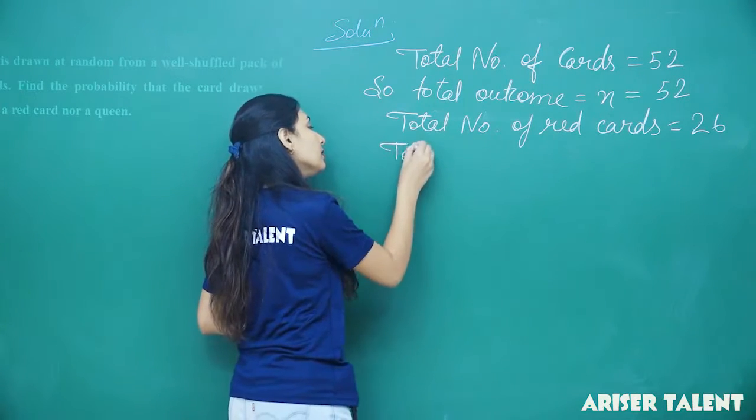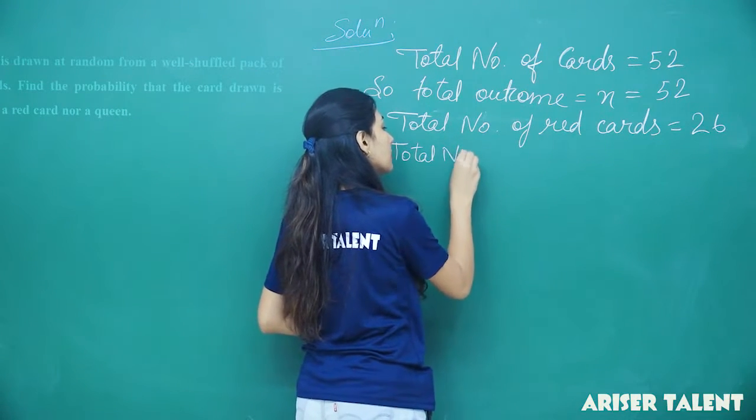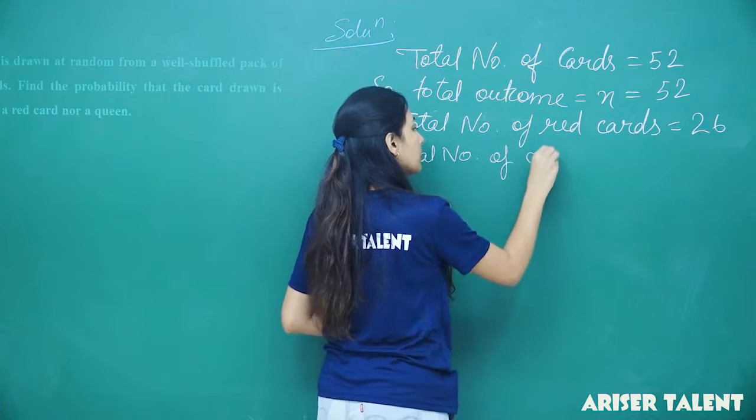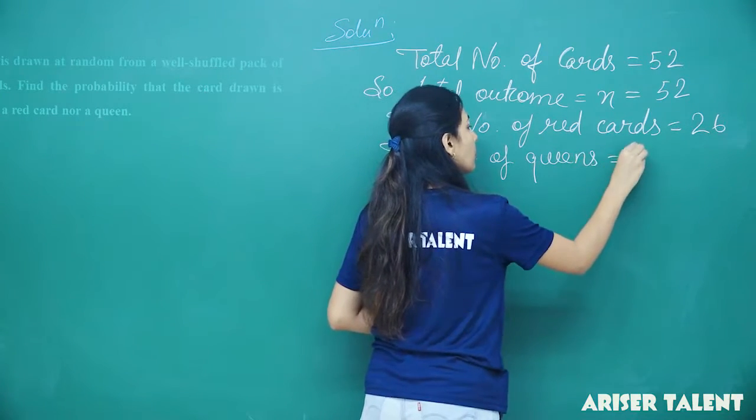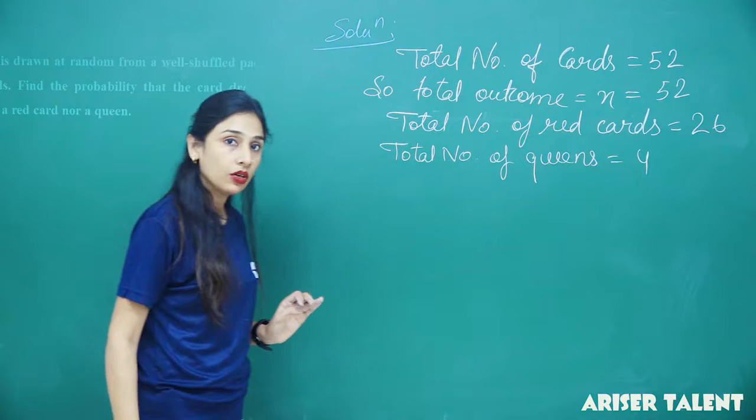The total number of queens is four. Okay.